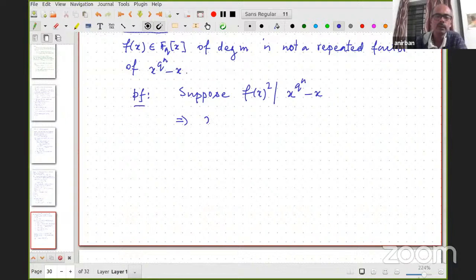Therefore, x^(q^n) minus x can be written as f(x) squared times some other polynomial l(x).